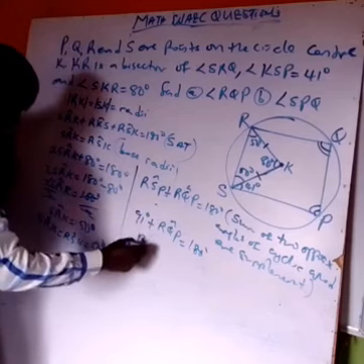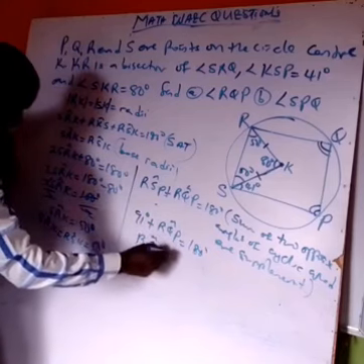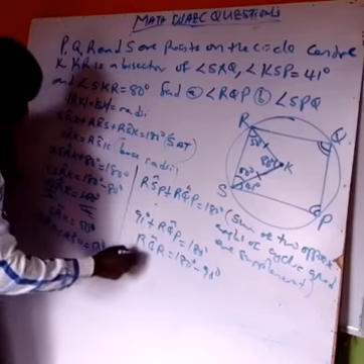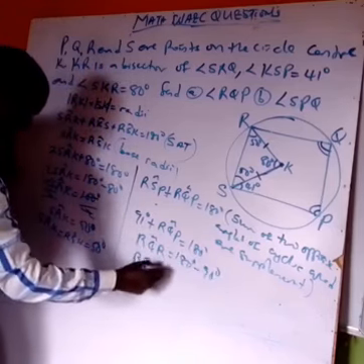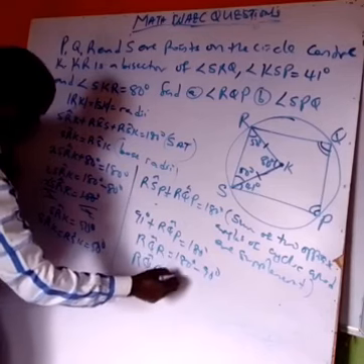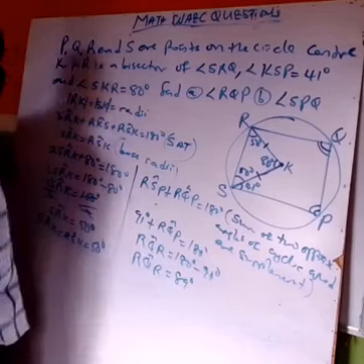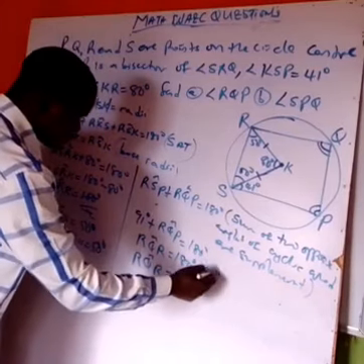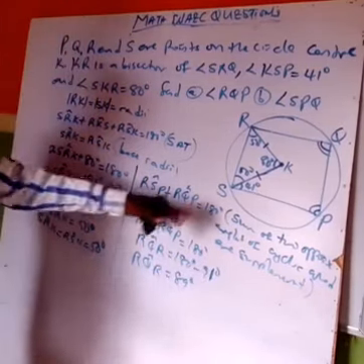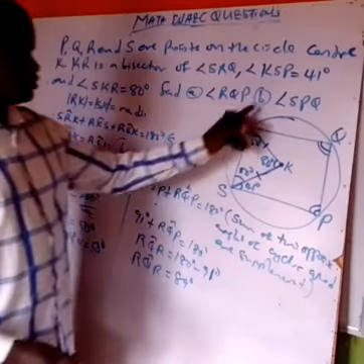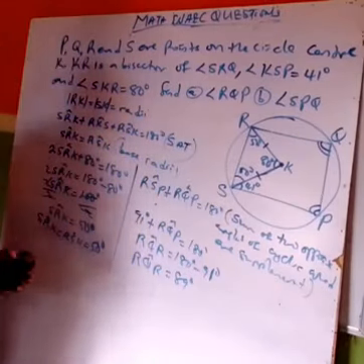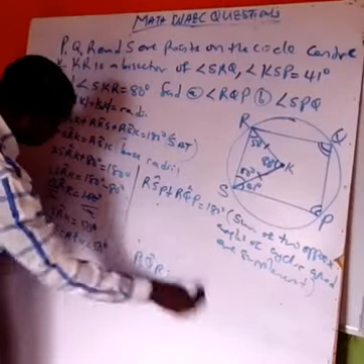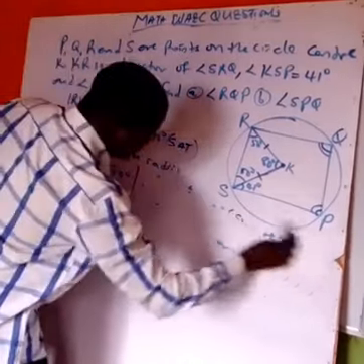Then angle RQP equals 180 degrees minus 91 degrees, so angle RQP equals 89 degrees. This one is 91. So that's how you have your answer. You have solved the first question. So that's it. Now let's look at the other parts.